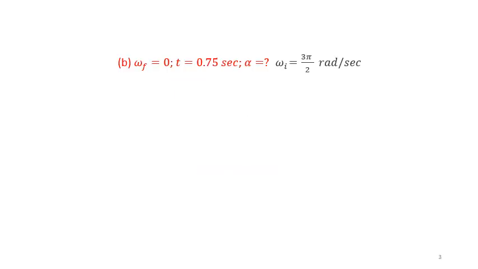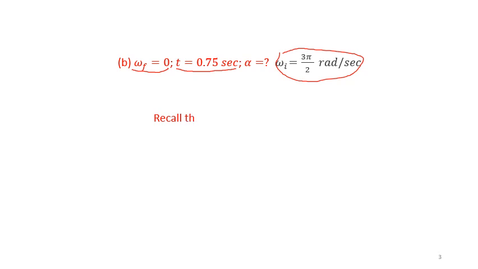Now we've obtained the initial angular velocity in radians per second, which is what we have here. And the question now says the angular velocity becomes 0, it comes to a stop, and it took 0.75 seconds. Calculate the angular acceleration.